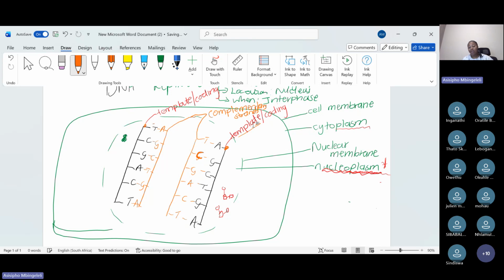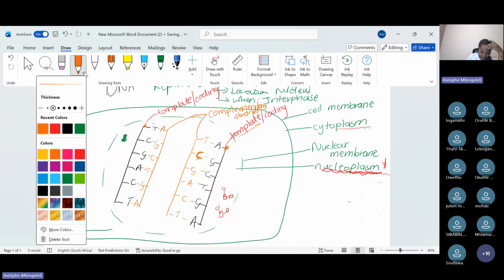Now, remember, the goal is for us to form 2 identical molecules. We use DNA to make a copy. Now, in one of the points, it says the 2 molecules are formed, and each molecule contains an original strand and a complementary strand. Let's look at that.